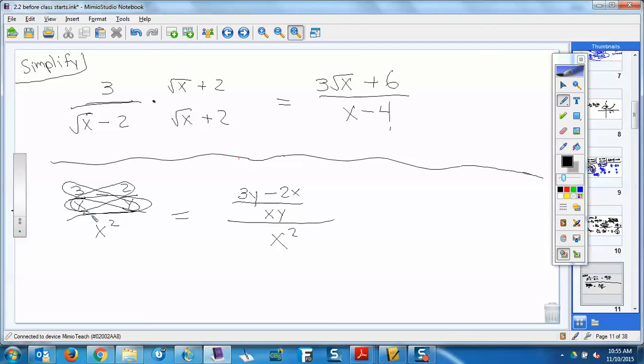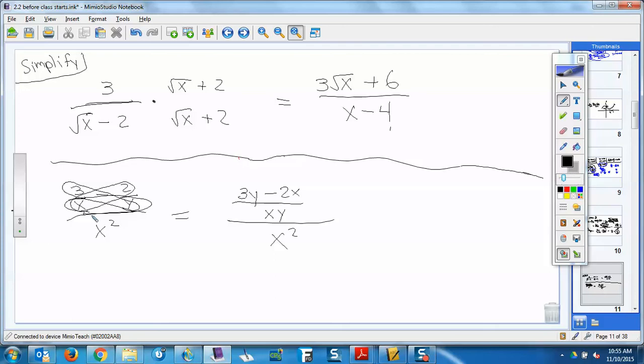So it's a cross multiply, but where does it go? You always got to remember, you take this one, the bottom, times the one on top, and that's where it goes up there. So y times 3 is 3y up there. X times 2 is 2x over there with the subtract, and then the bottom is that. So what that allows us to do is take two fractions that are being subtracted or added and turn it into one fraction.